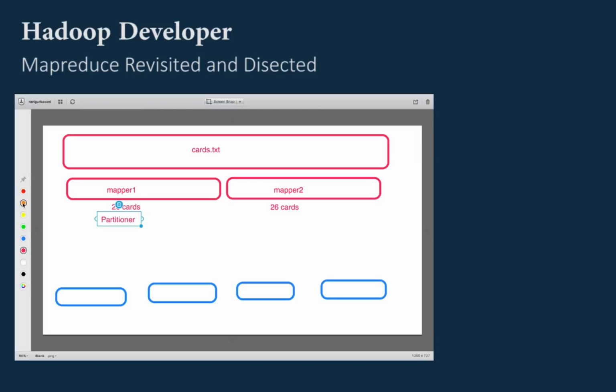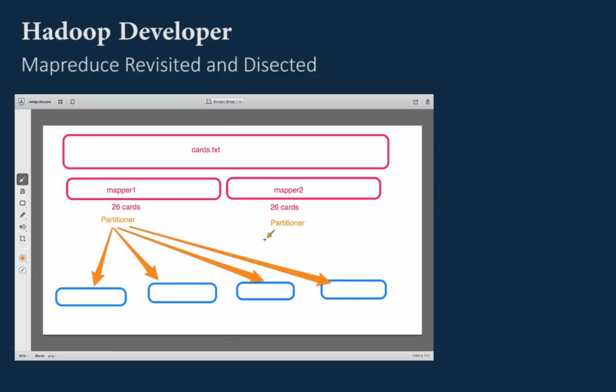Partitioner is a component that tries its best to be a load balancer. So Partitioner would apply some logic so that some cards go here, some go here, some go here, and some go here.